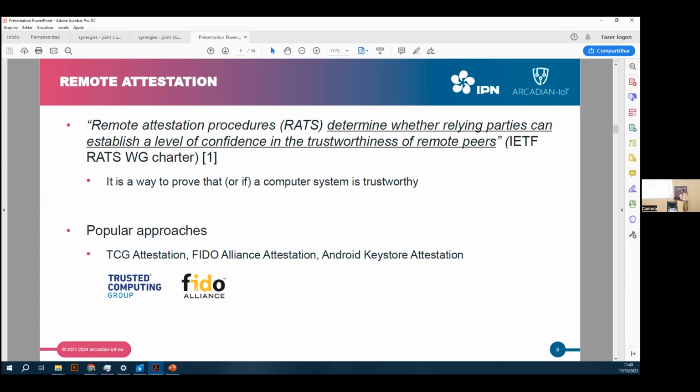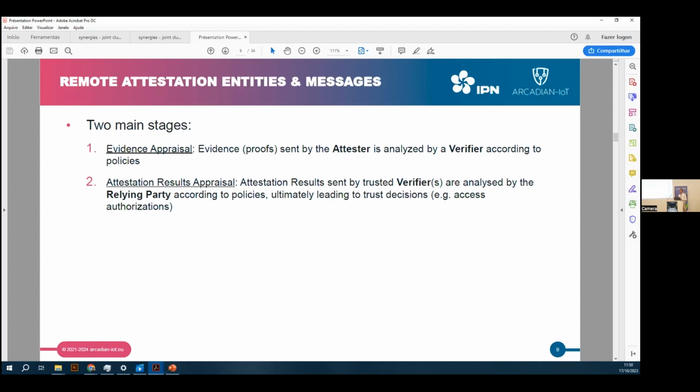The second stage regards the processing of the attestation results generated by the verifier during the first stage, and relates to the analysis of these results by the relying party, again according to policies, ultimately leading to trust decisions. For instance, the ultimate decision may be to authorize a given device to access a given service or a given network.